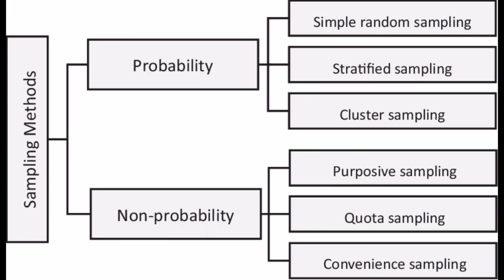While under the non-probability sampling, we have the purposive sampling, quota sampling, and convenience sampling. I'll make a quick run over all of these, albeit I'll be brief about them, hoping that you can read more about these ones on your own.